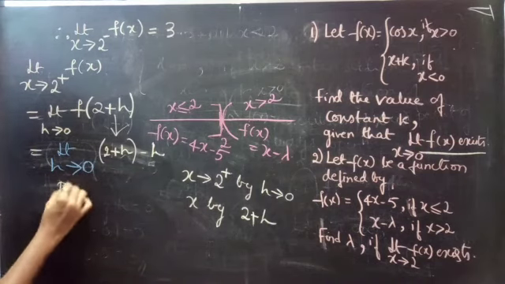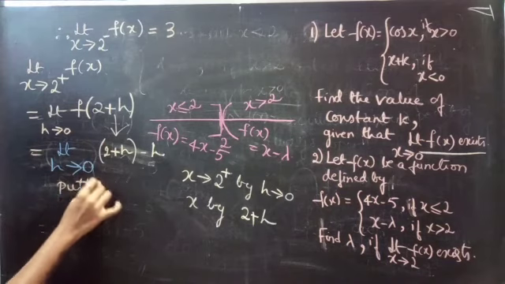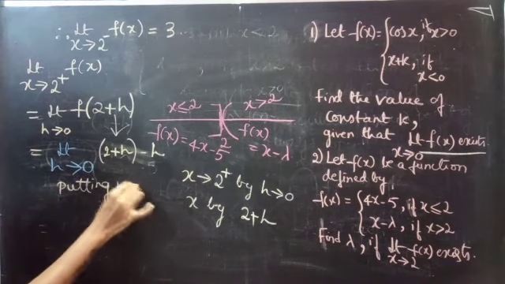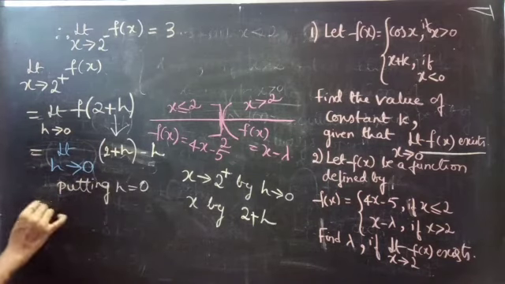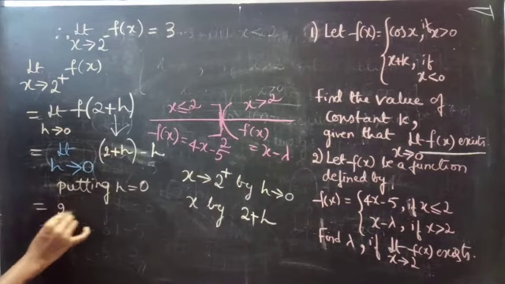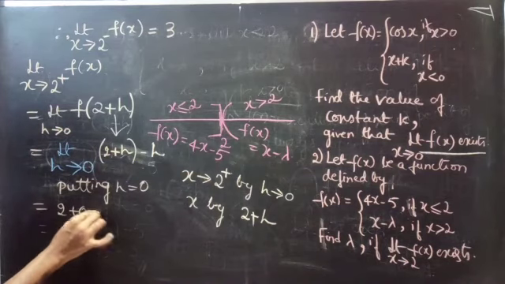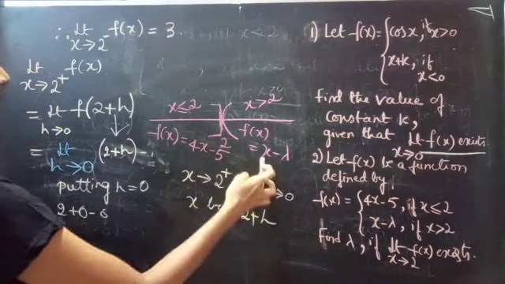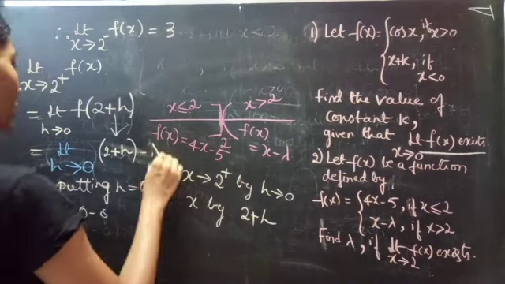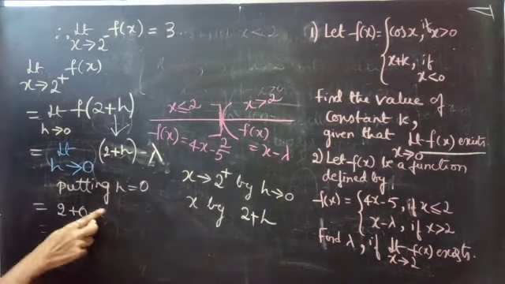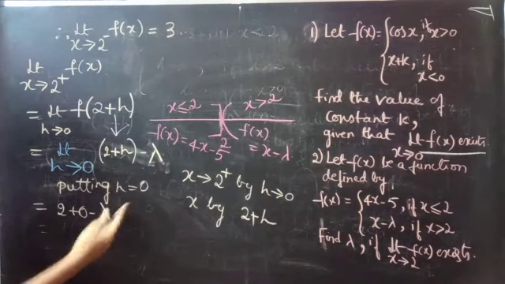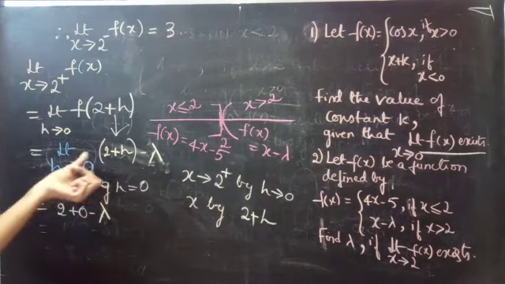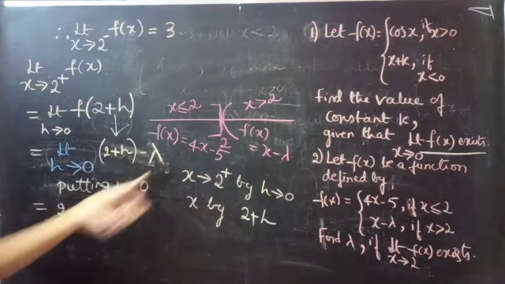Now, putting h equals 0, we'll get 2 plus 0 minus 0. Sorry, this is lambda. We are having x minus lambda, right? So if you put h equals 0, you'll get 2 plus 0 minus lambda.